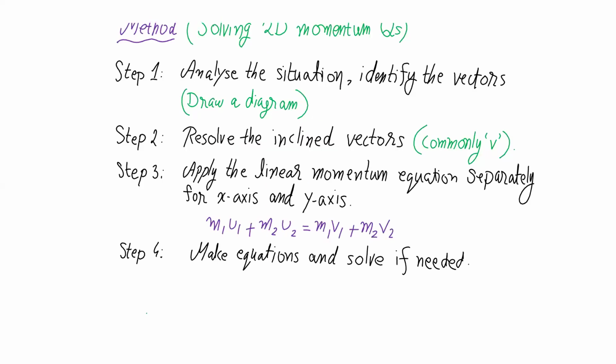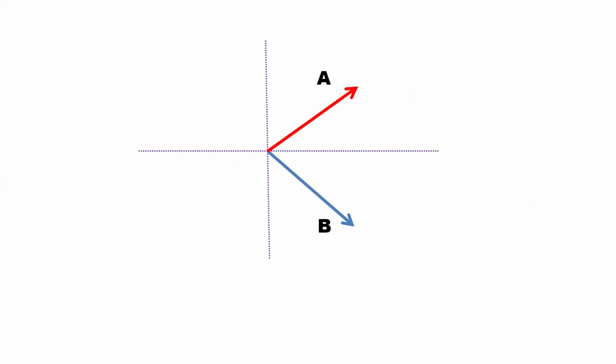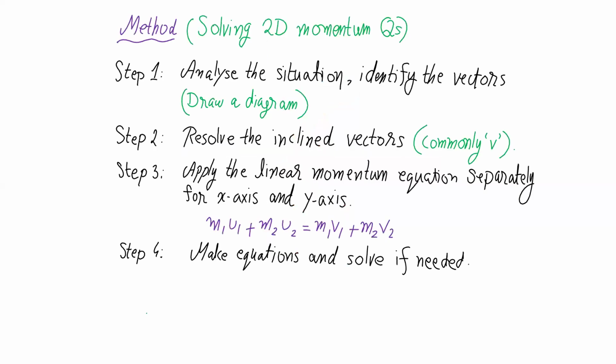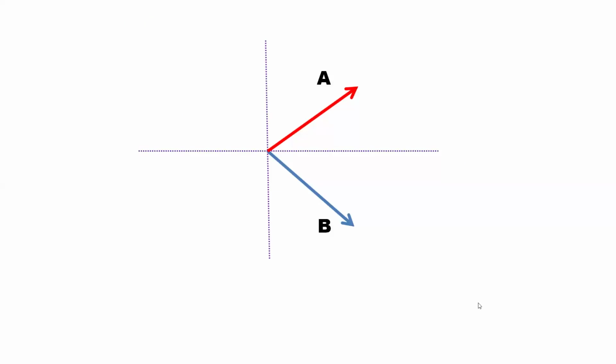Now, you have read the method. We are going to unfold the method. First, we have to see how you resolve this vector system. You have to remember this procedure. I have posted it. Look, A and B are two objects. Can you copy down this diagram?